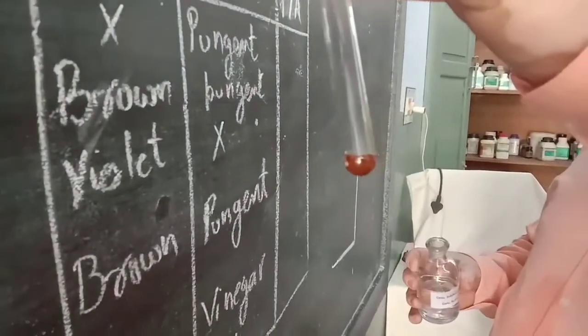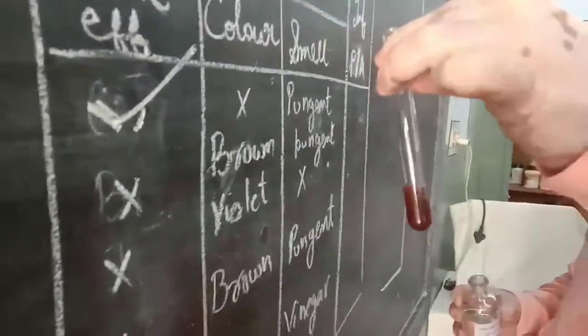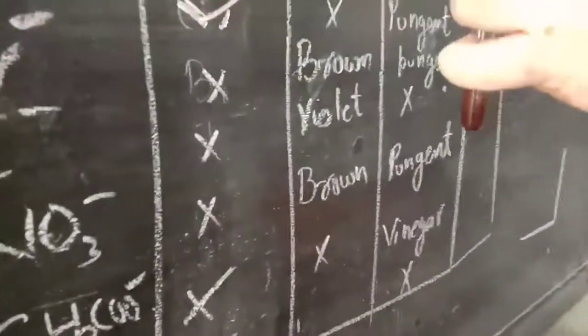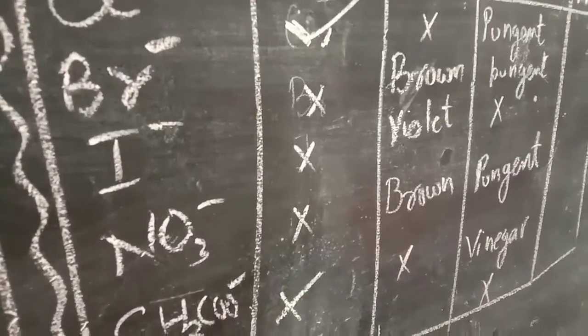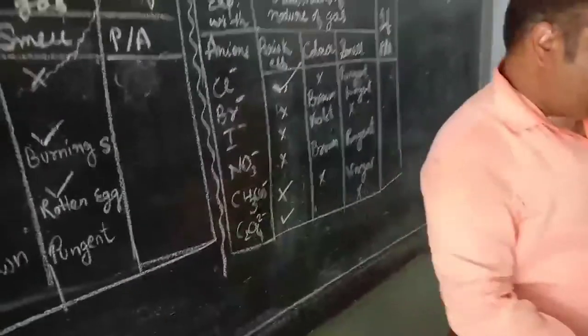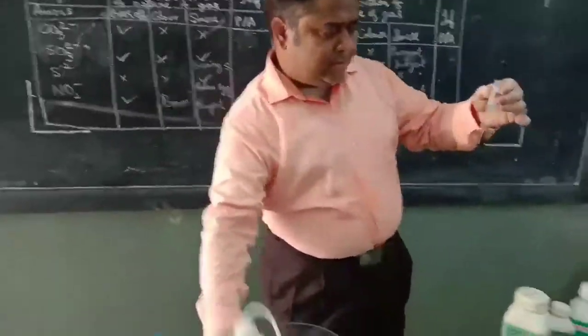First of all, it is becoming brown and then it is becoming violet. And brisk effervescence is also there. You will not be able to see that it's violet, but I can make it look violet. If I dilute it, it will become violet.